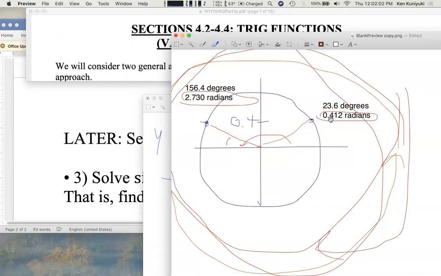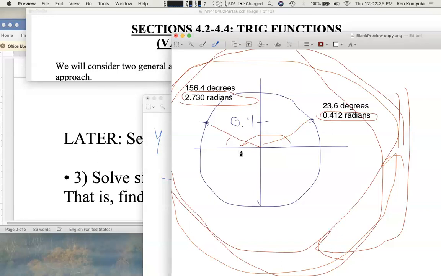So we want not just these 2 solutions, but all of their coterminal twins. We want this, also this plus 2 pi, plus 4 pi, and so forth, also minus 2 pi, minus 4 pi, and so forth. We want this obtuse solution, and also this guy plus 2 pi, plus 4 pi, and so forth, and minus 2 pi, minus 4 pi, and so forth.